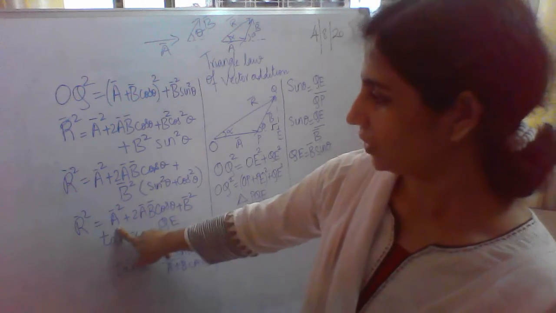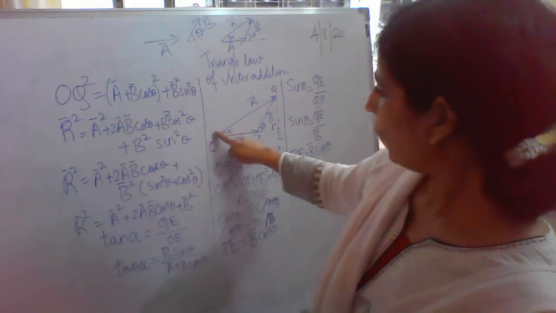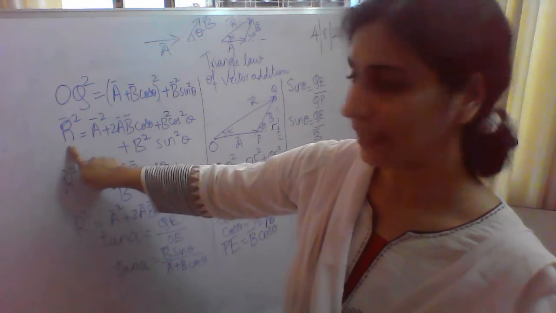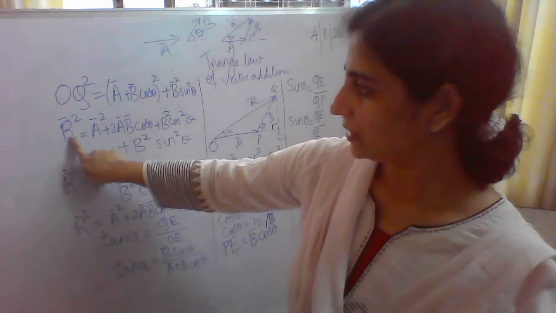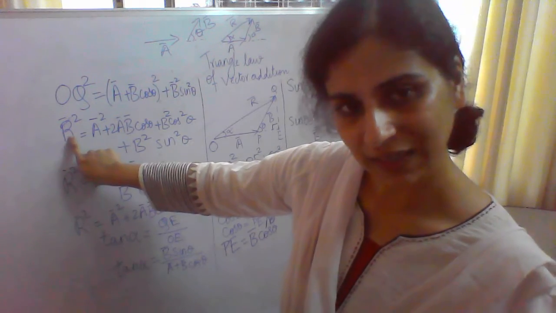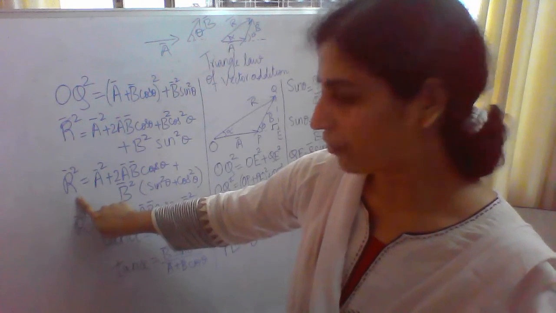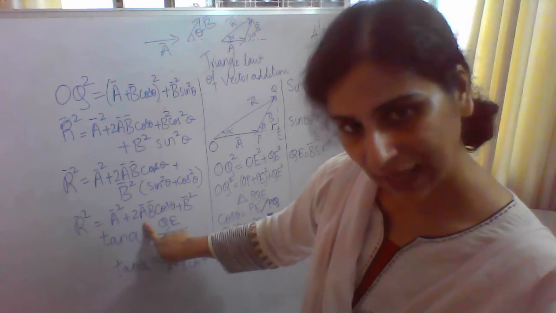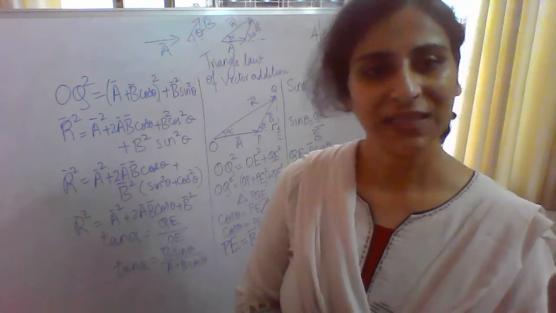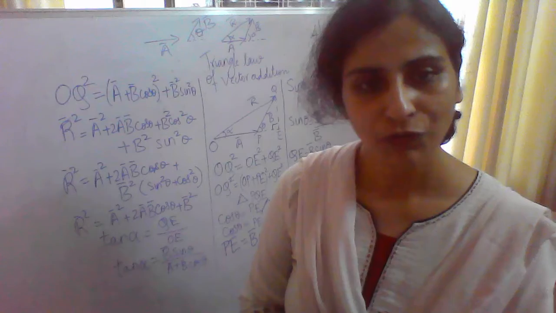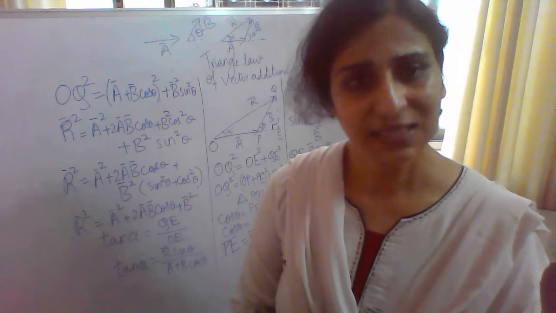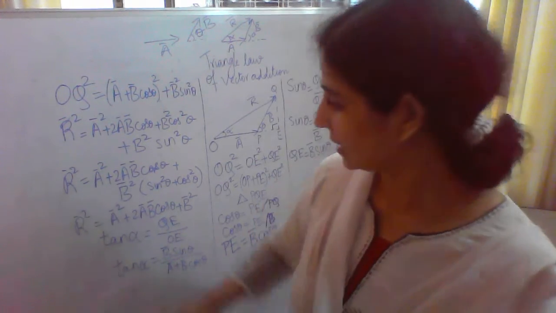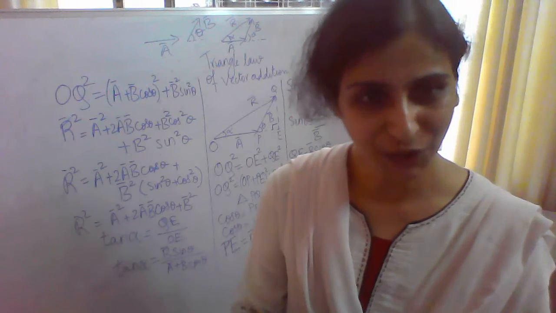So this equation becomes, in between, what is OQ? OQ is resultant R. So I can substitute this by resultant R square. So I carry forward this A square plus 2AB cos theta plus B square. This is the equation I will get for the resultant vector. So this is the equation for magnitude of the vector.